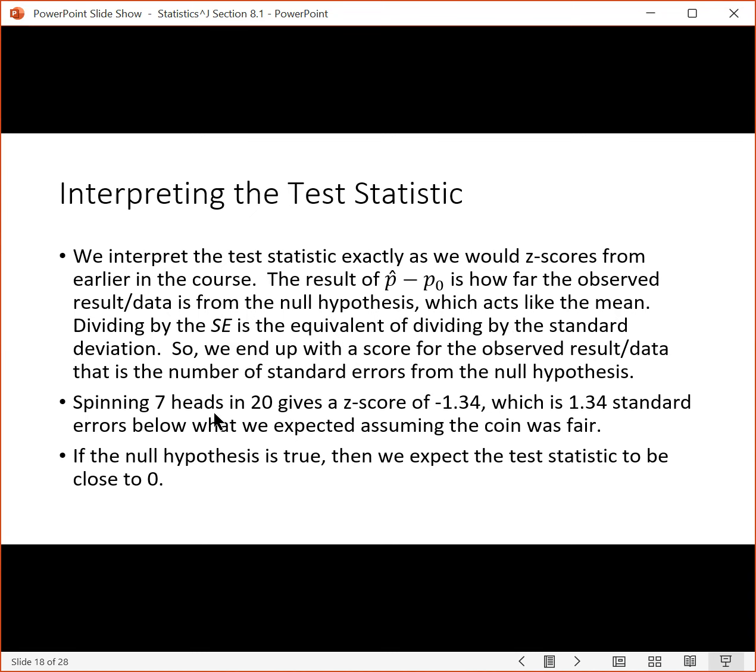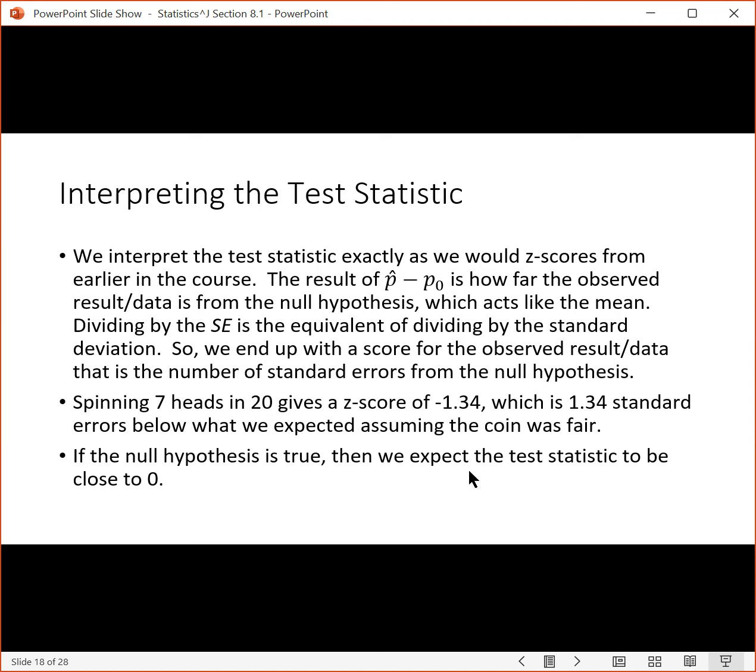So if you get 7 heads in 20 spins, and that gives you a z-score of negative 1.34, that's 1.34 standard errors below what we expected, assuming the coin was fair. That's the way you can interpret the test statistic in terms of z-scores and the number of standard errors that your observed result was away from what you expected.